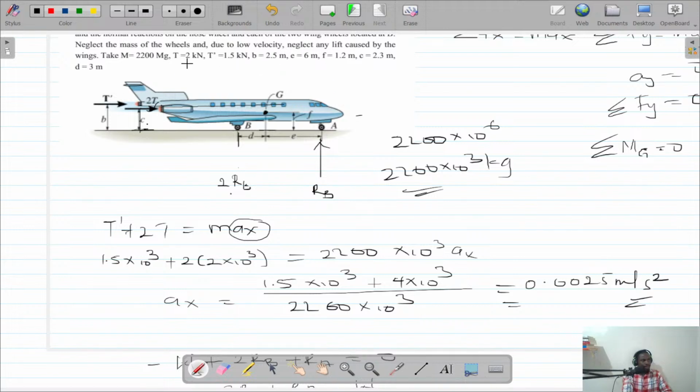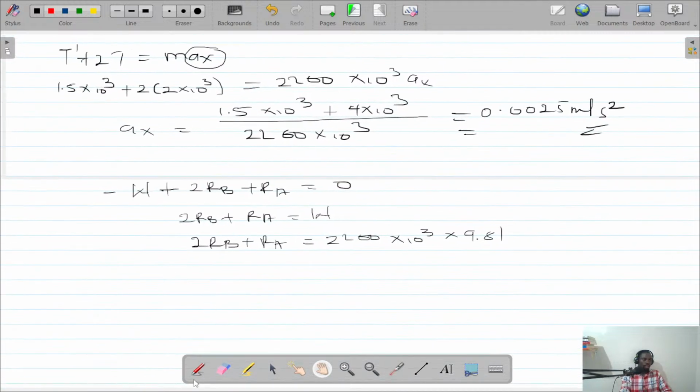C is 2.3 and F is 1.2, meaning the 2T is above the center. So if this is the center, 2T is somewhere here. So this will give us clockwise moments.